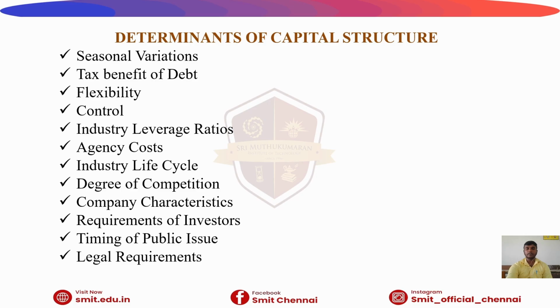Then company characteristics: size, profitability, and asset structure of the whole company. Then requirement of investors: what investors prefer will be reflected in the capital structure. Then timing of public issue: market conditions. The legal requirements: regulatory concerns. These factors must be considered together.